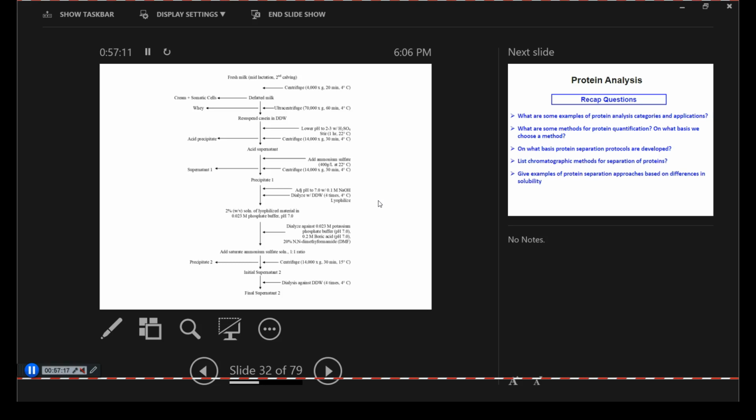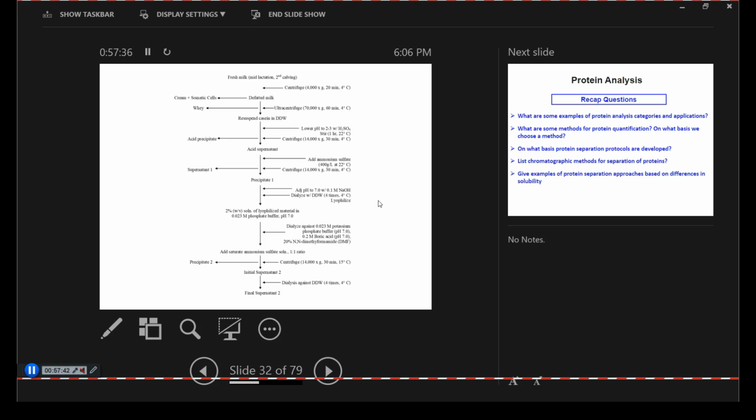It is a very sophisticated, tedious isolation protocol that involves removal of fat as a first step, then removal of whey, and using ultracentrifugation to precipitate the casein, because the enzyme inhibitor associates with the casein fraction of that milk.